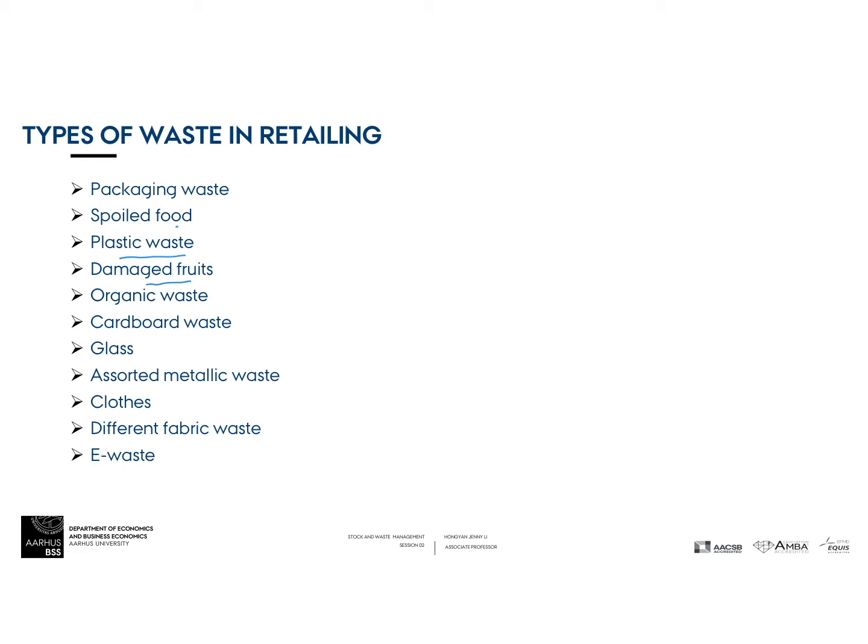Damaged fruits, that's also perishable products, or fresh products. And then organic waste and cardboard waste. And then we see glass, assorted metallic waste, clothes, different fabric wastes, and e-waste. So a lot of different types of waste.